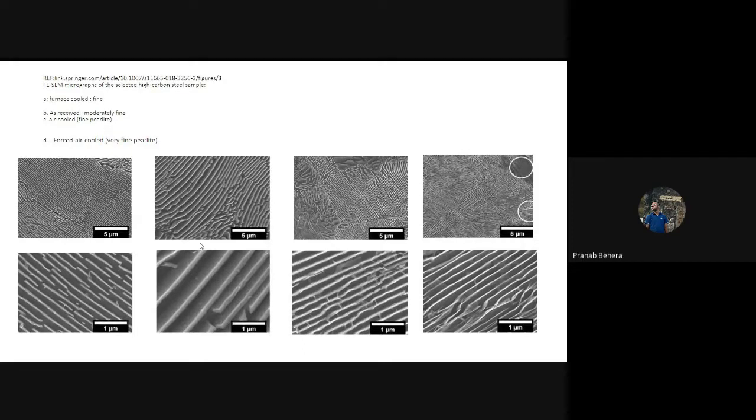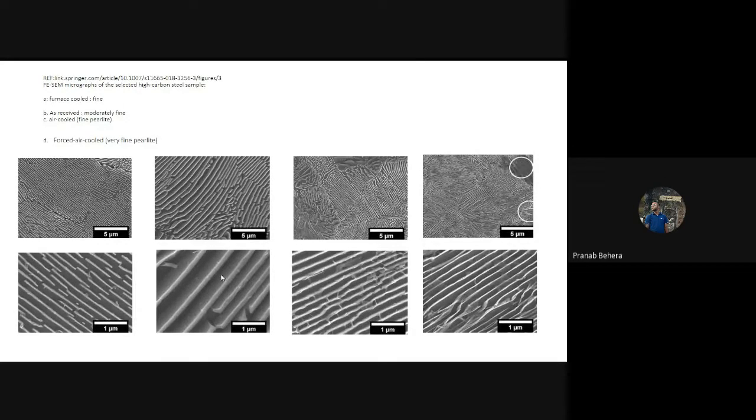You understood now? Fine. But here what can we see? We can see the gap or the spacing between. This is called interlamellar spacing in perlite. So do you understand how to measure the interlamellar spacing? Suppose I am talking about this image.